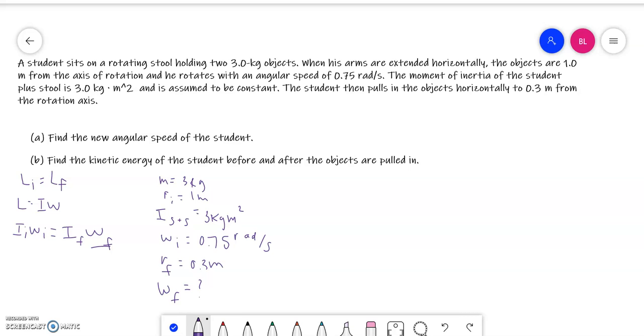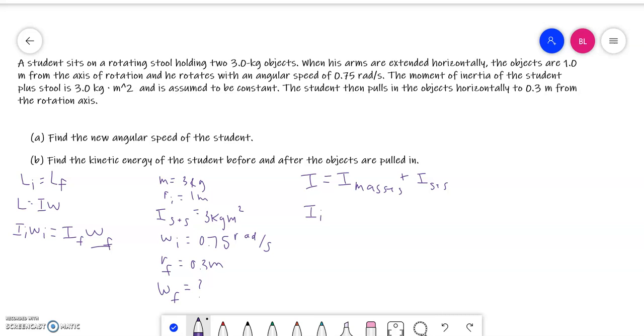In both cases, the moment of inertia will be equal to the inertia of the masses plus the moment of inertia of the student and stool. For the moment of inertia of the masses, we use the equation mr squared, and because there are two of them, we'll just say 2mr squared.